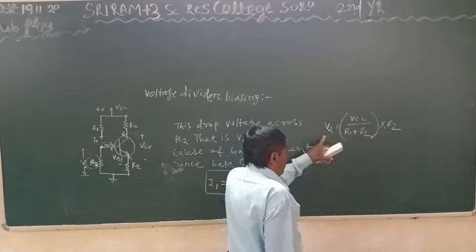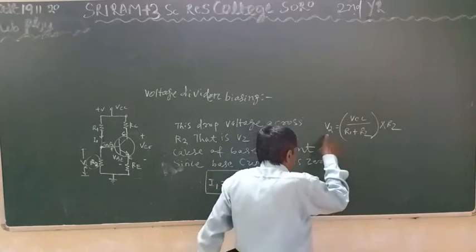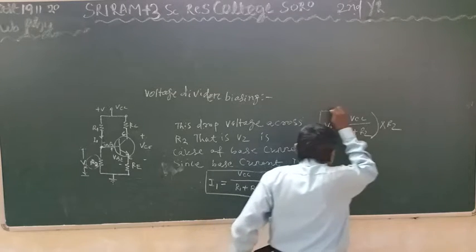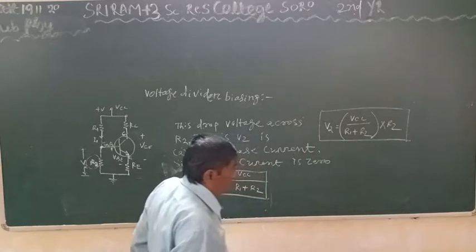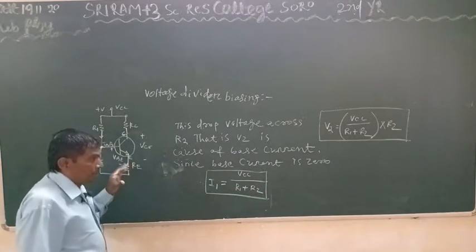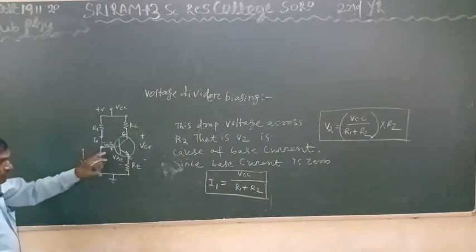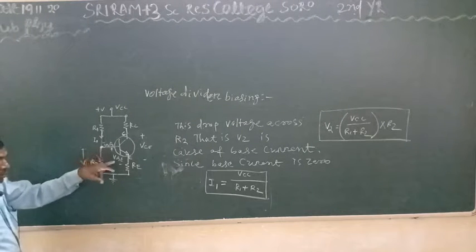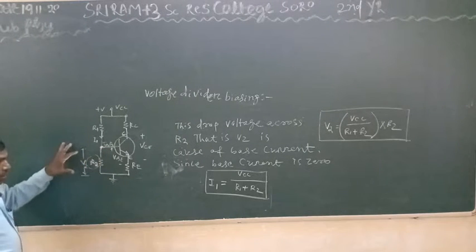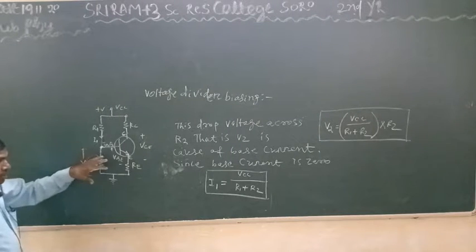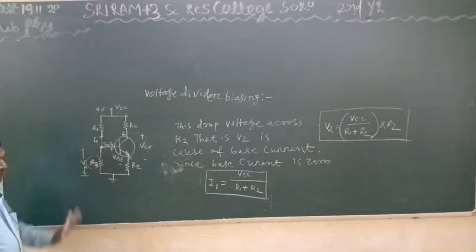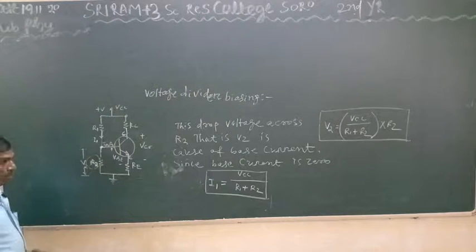So this is the value of the voltage drop across R2. This amount of voltage is what forward biases the base emitter junction.